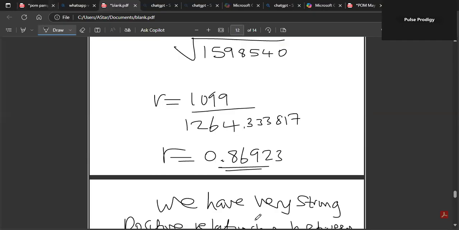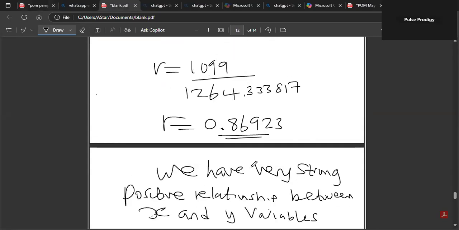As the years are increasing, sales are increasing also because this is positive.